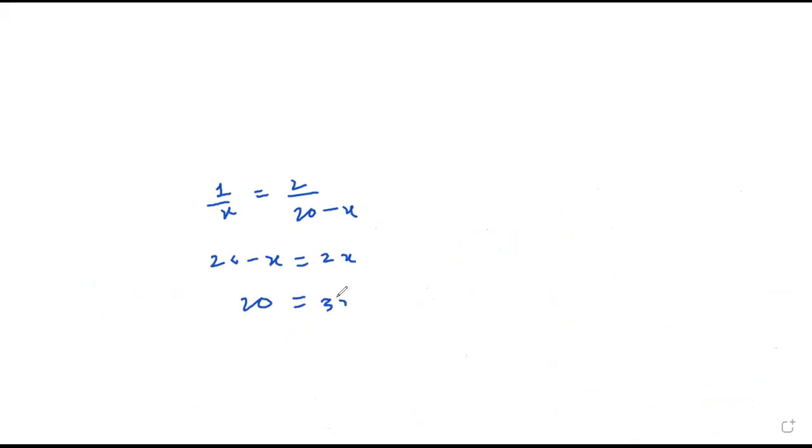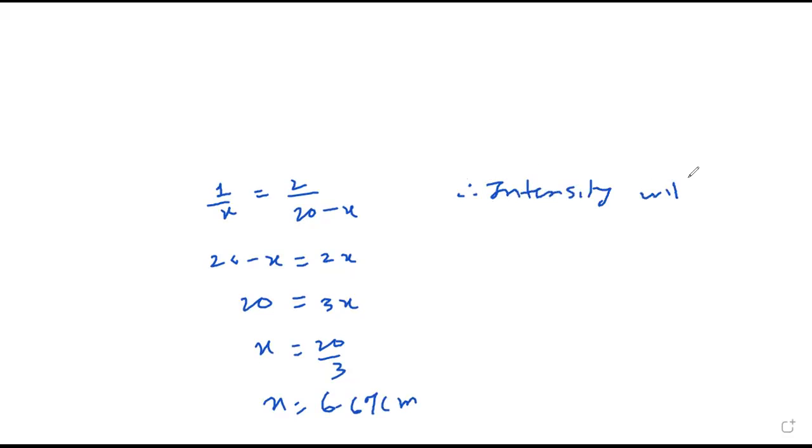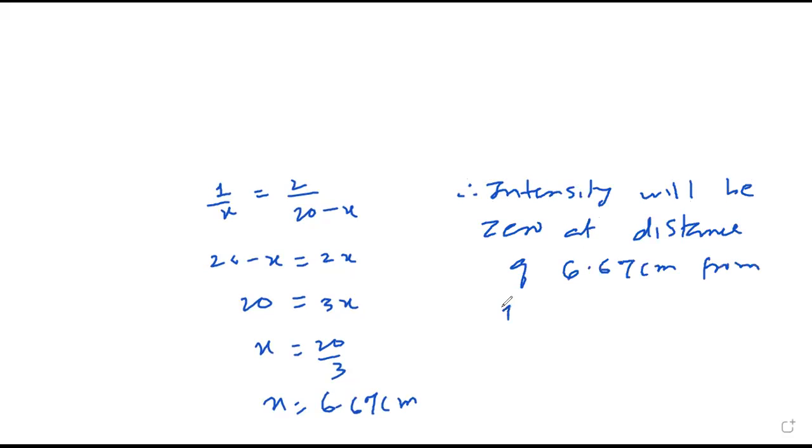Therefore 20 equals 3x, x equals 20 by 3 or 6.67 centimeter. Therefore intensity will be 0 at a distance of 6.67 centimeter from 10 microcoulomb. Now complete fully.